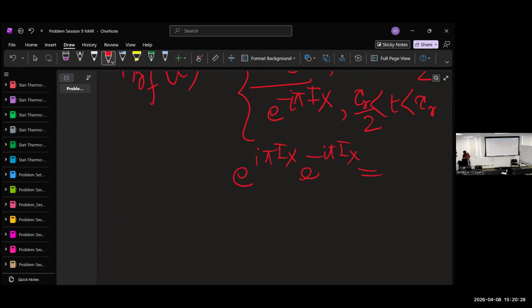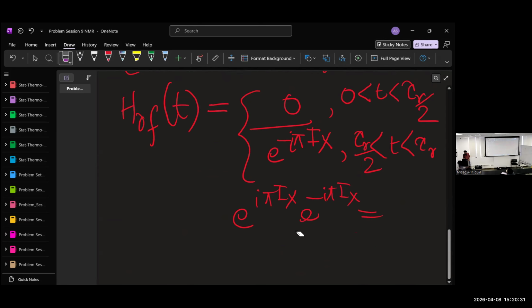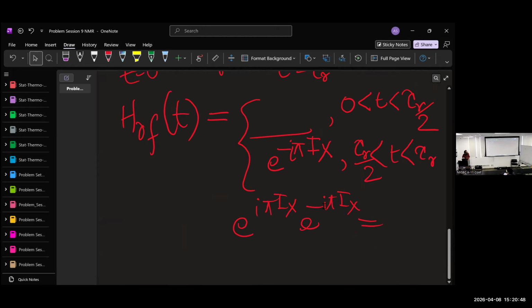Again, I guess you can define this as, would it be defined as 1 or 0? Maybe I have to look at my notes about this. Huh.